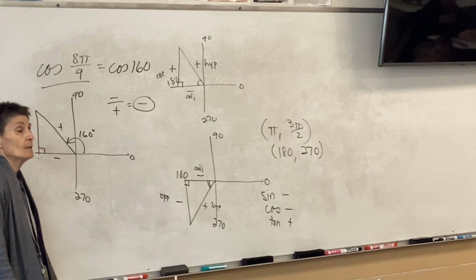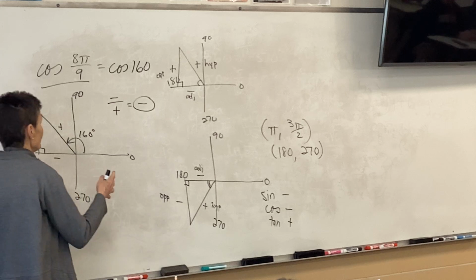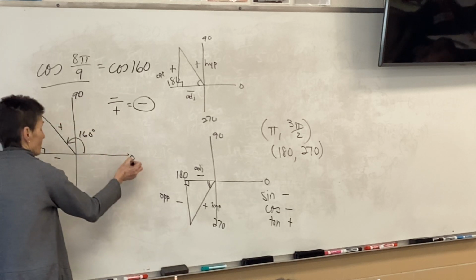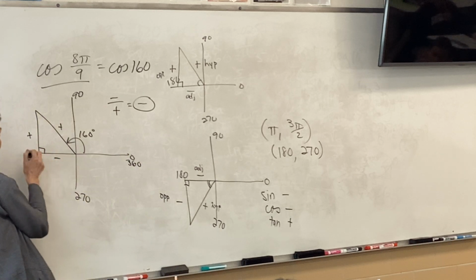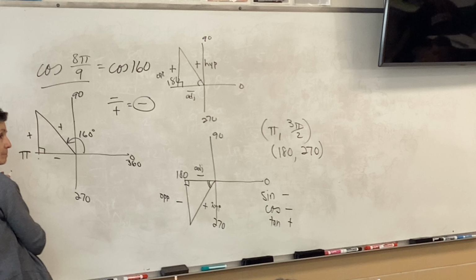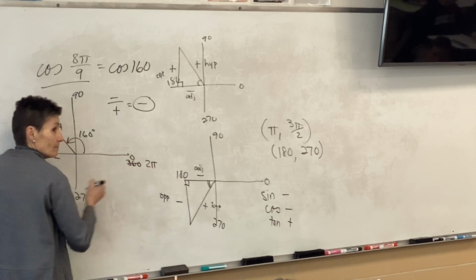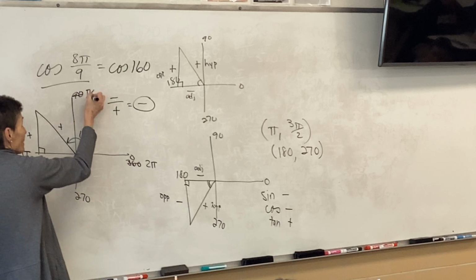Yeah. Now, I want you to start thinking about, instead of labeling these like this, I know 180 is pi. And I know 360 is 2 pi. And I know 90 is pi over 2.